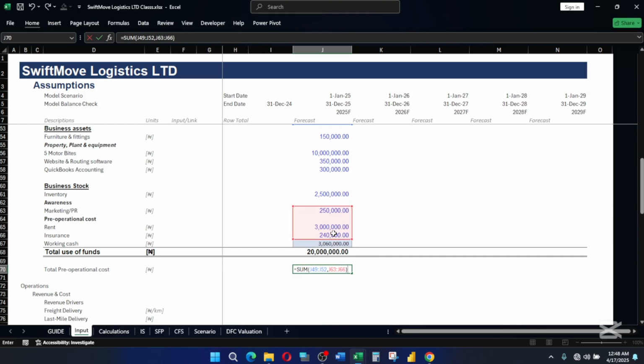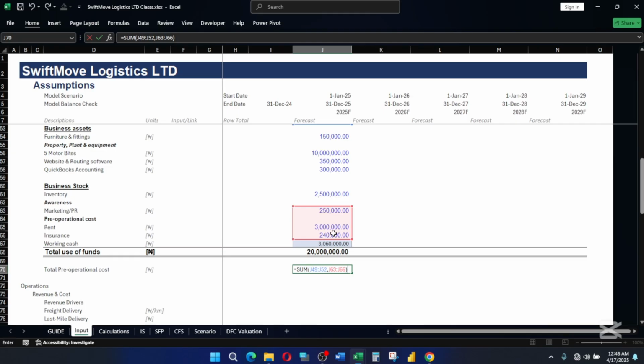Some modelers may decide to exclude the pre-operational cost and only take the awareness, but I like including it because it's cost. These are monies a business spends ahead, right? So it also forms part of the total pre-operational cost, right? So let's go ahead and click OK.